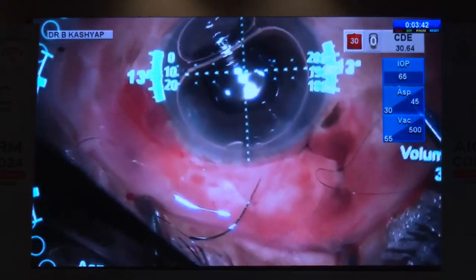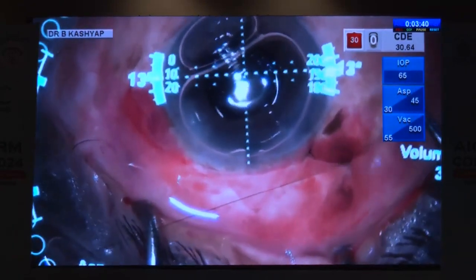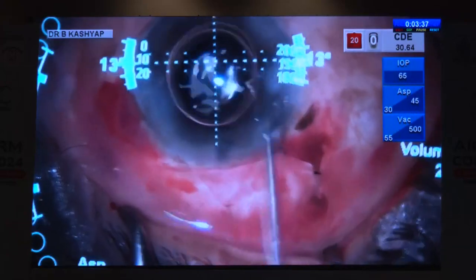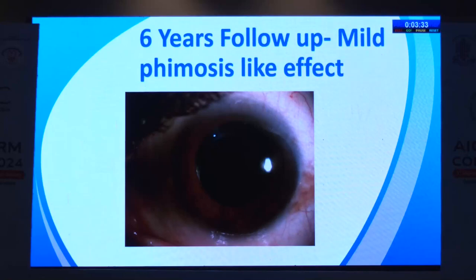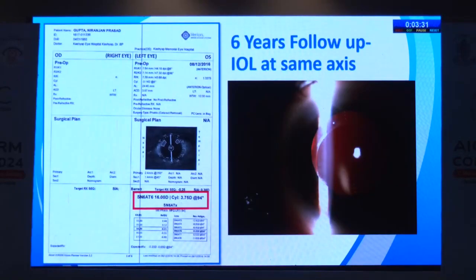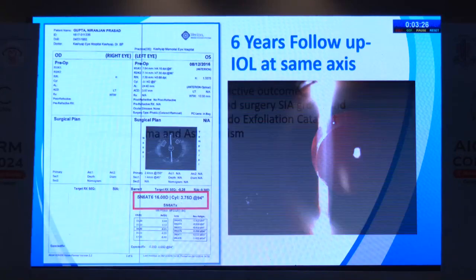It is sutured, and the conjunctiva is also sutured. It's a usual case. This is the 6-year follow-up, and you can see a very mild phimosis-like effect. The IOL is at the same axis, 94.